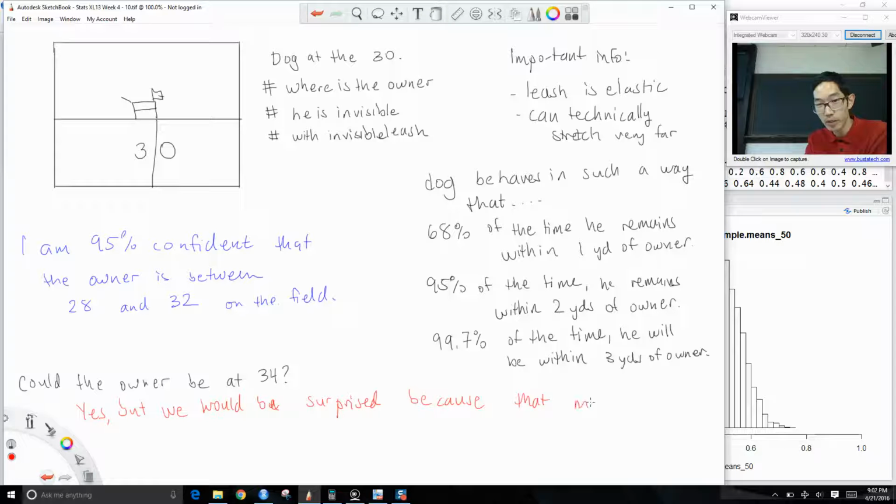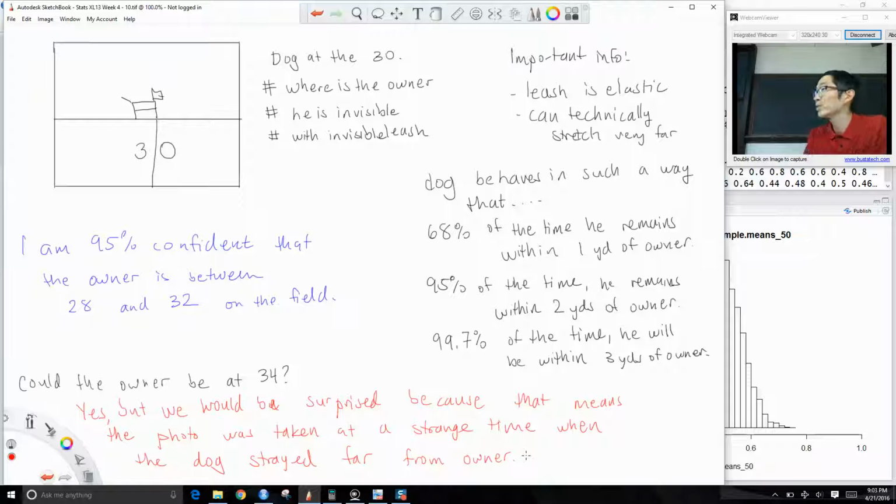That means the photo was taken at a strange time when the dog strayed far from the owner, which is unusual given the known behavior of the dog.